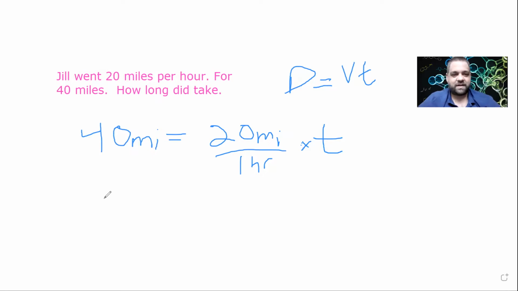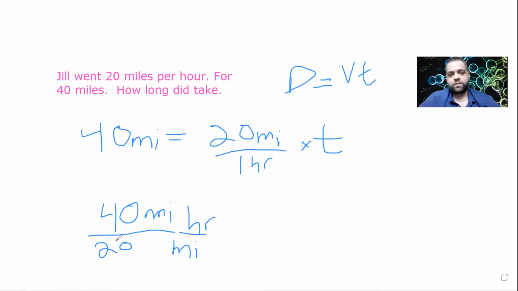So this is going to be 40 miles divided by 20 miles per hour.